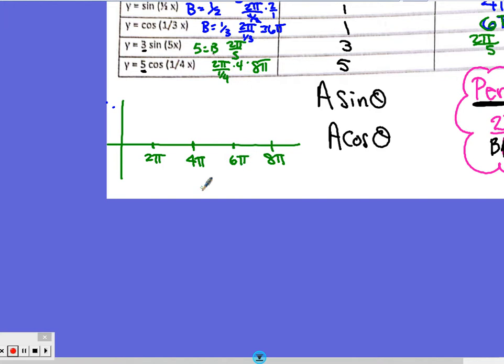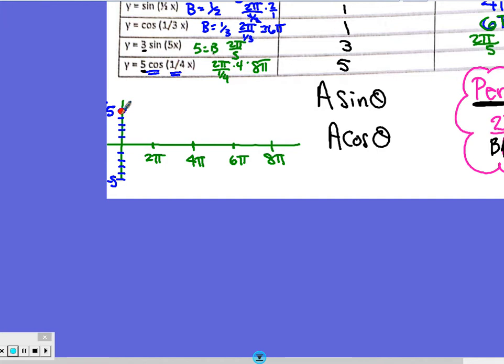Okay, so this says cosine has a period of 8 pi, so I know I'm going to start and stop from 0 to 8 pi. We're going to go one full cycle of cosine, and my amplitude is 5. So 1, 2, 3, 4, 5. 5 and -5 are the highest and lowest my cosine function is going to go. And I know my cosine starts up high. I'll do it in red.